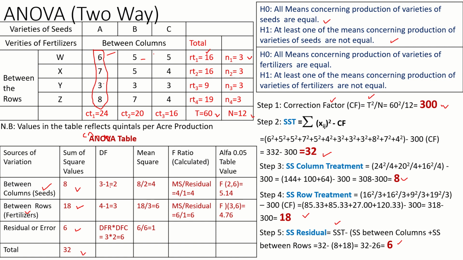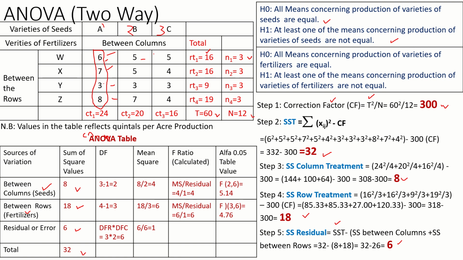Now the degrees of freedom. For the columns, there are 1, 2, 3 columns, so the degrees of freedom is 3 minus 1, which equals 2, because degrees of freedom is calculated as n minus 1.